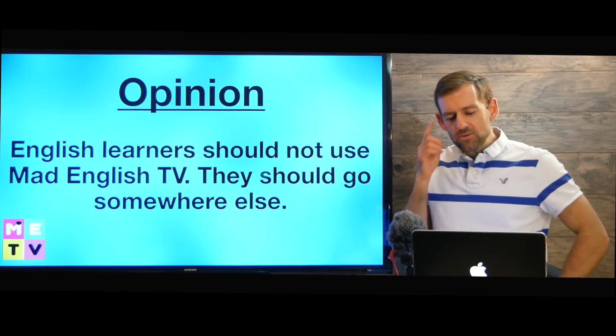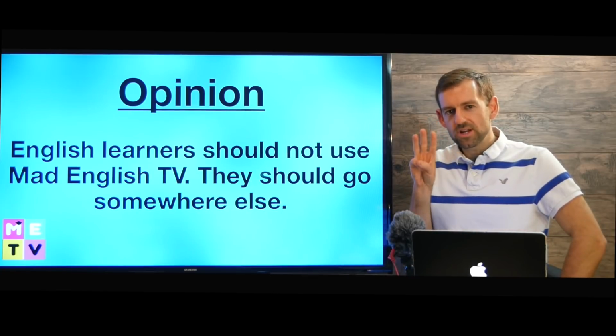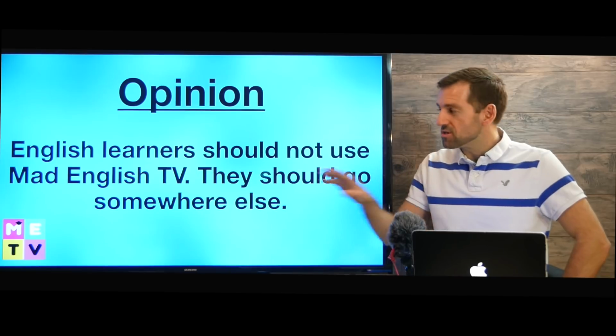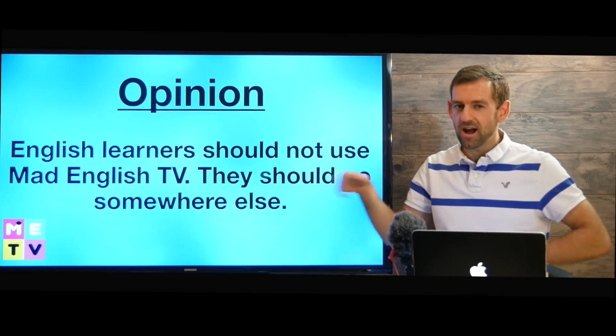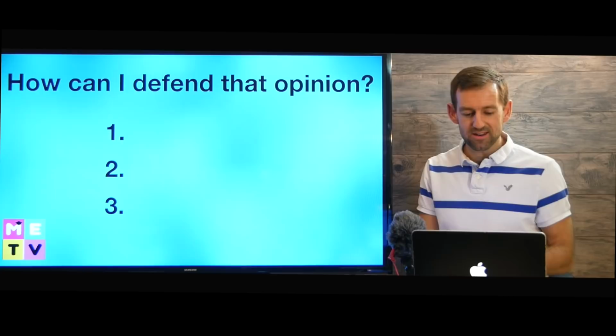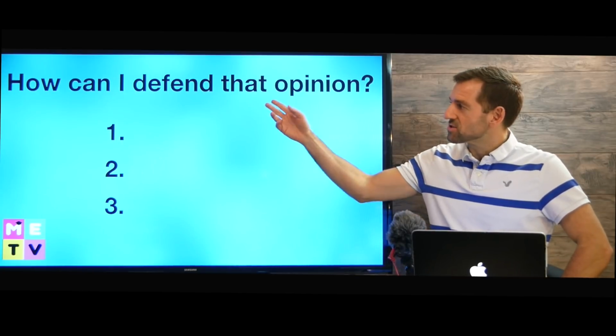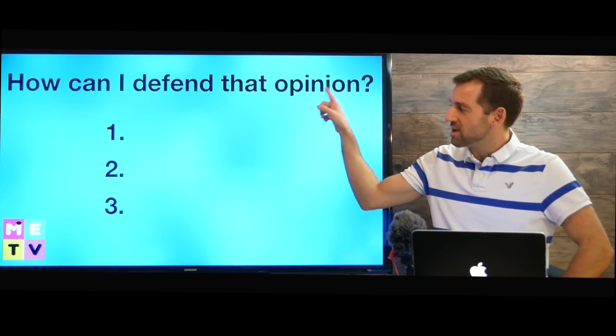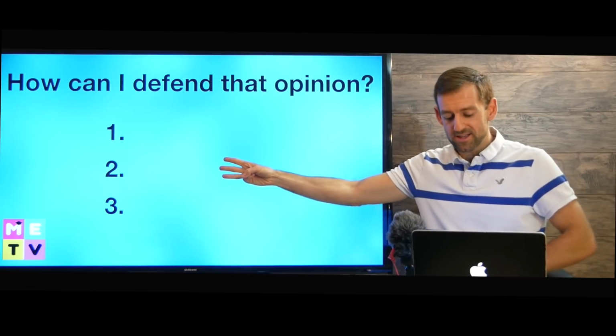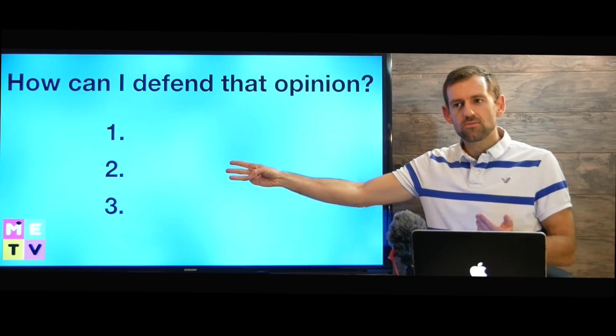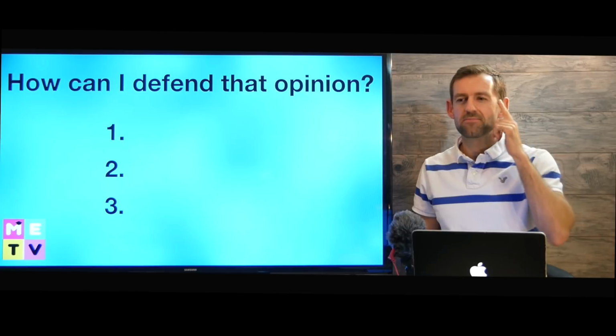Okay, now we need to think of 3 ways to defend this opinion. Okay, how are we going to support this opinion? Okay, so you need to ask yourself, how can I defend that opinion? What are the 3 ways? Okay, so you do some brainstorming.